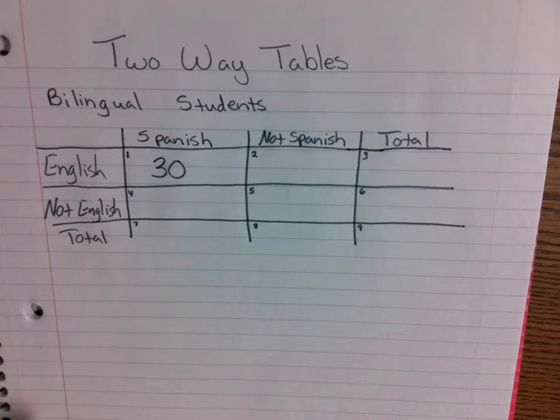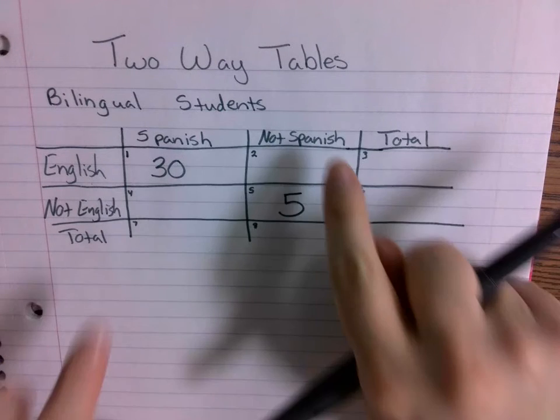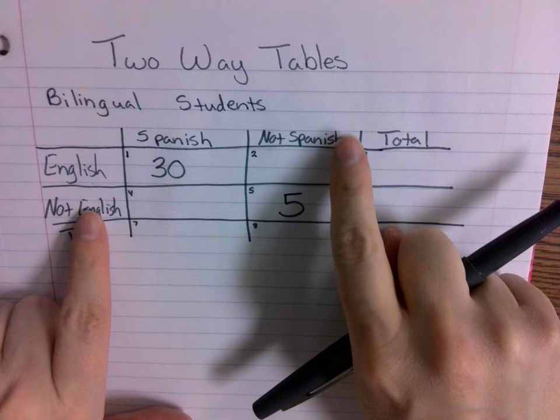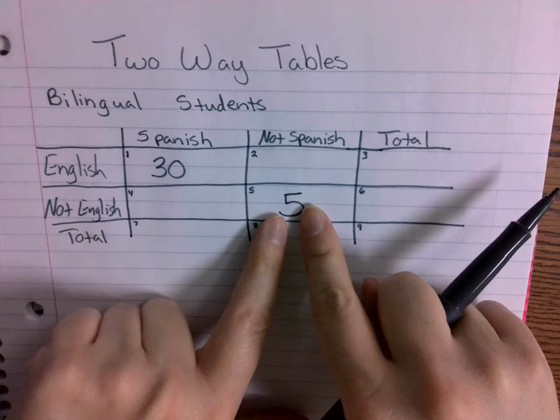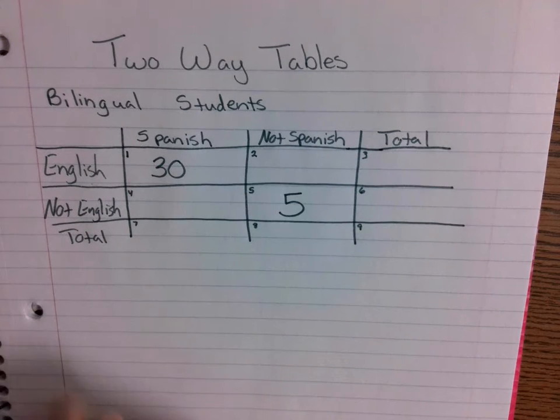If I say that there are 5 students that do not speak either of the languages, which box should I put that information in? Leah? Box 5. So I'm going to put a 5 right in here. Box 5, they don't speak either of the languages. So it's going to go where they don't speak Spanish and they don't speak English. It combines together here. Okay, it's almost like reading a coordinate grid, right?